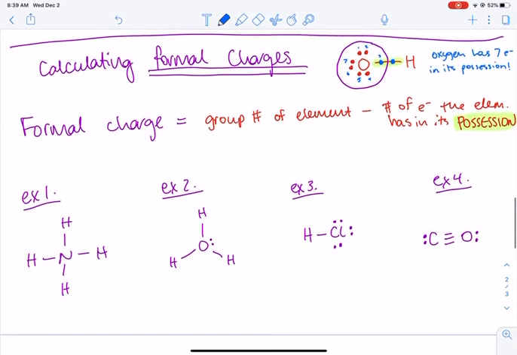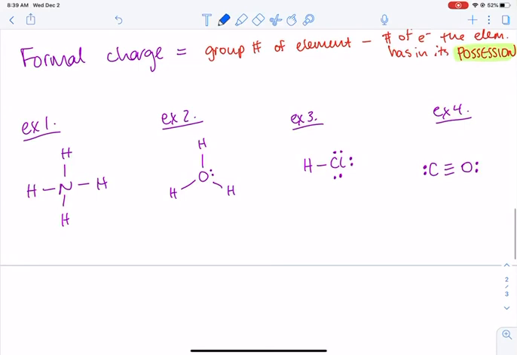Okay, so let's look here. Let's do the formal charge of the nitrogen. To calculate that, I draw a circle around the nitrogen. Now each one of those bonds has 2 electrons in it, which means that there's only 1 electron for each bond inside my circle. Nitrogen is in the 5th group. We can look on the periodic table, the 5th main group, right? We're not counting any of the transition metals, so you just go hydrogen, beryllium, boron, carbon, all that.